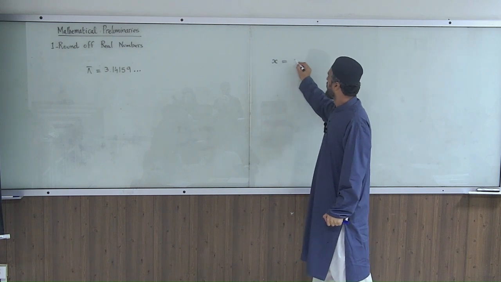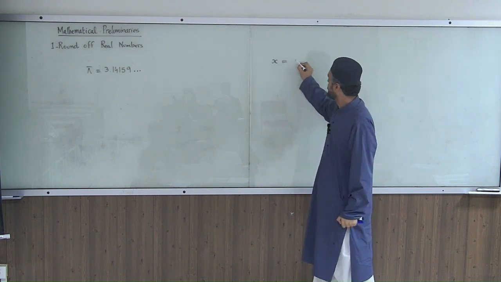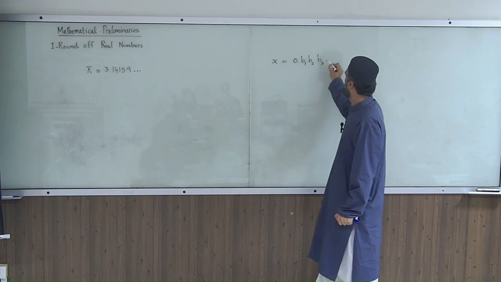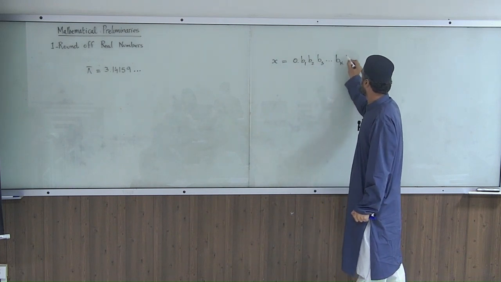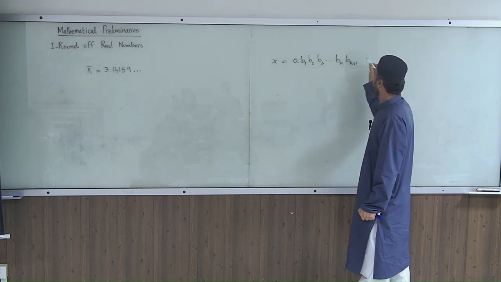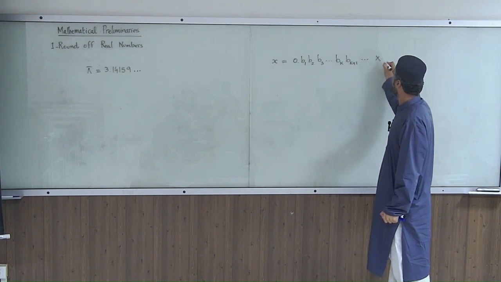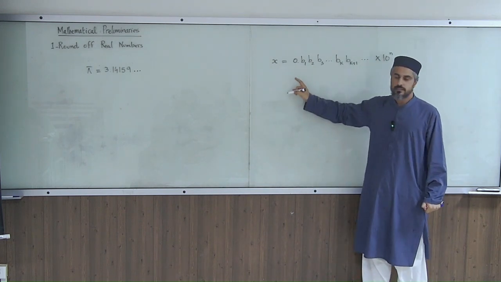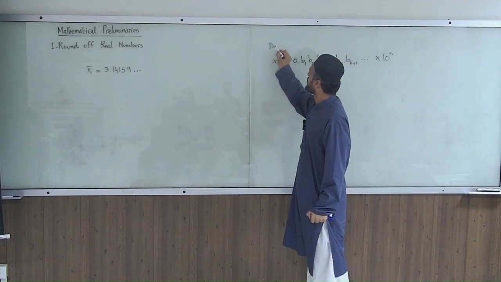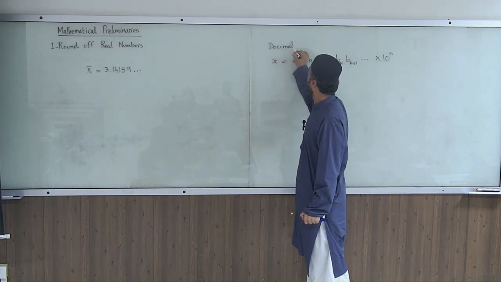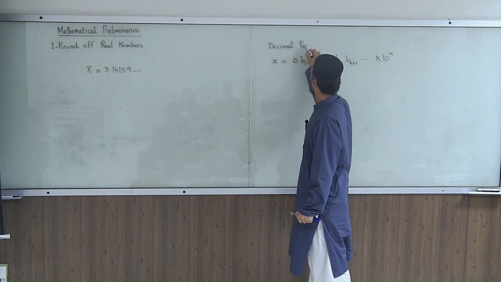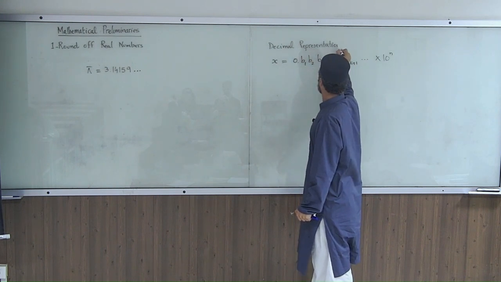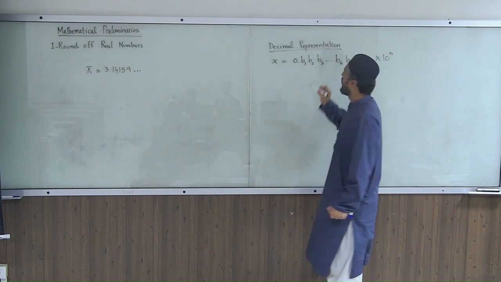x is a real number, 0.b1 b2 b3, and so on up to bk plus 1, and so on, times 10 raised to the power n. This is the decimal representation of a real number.